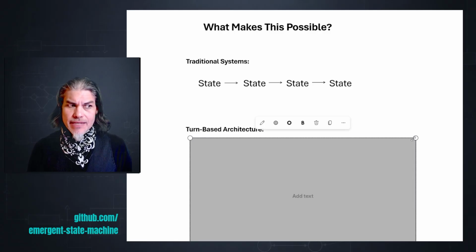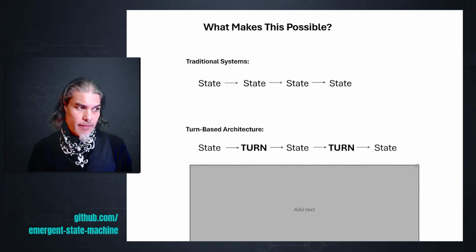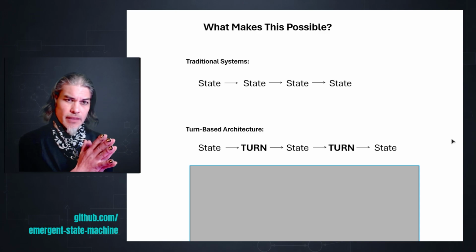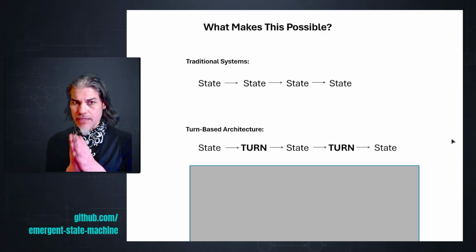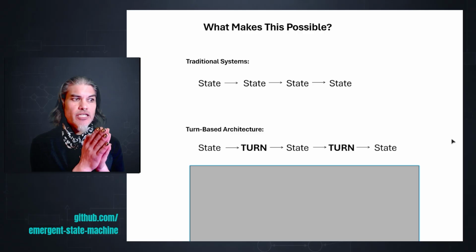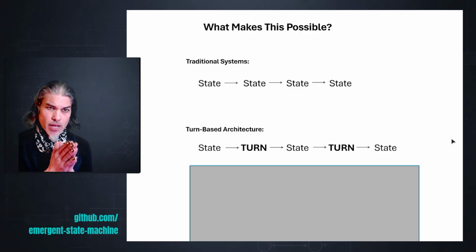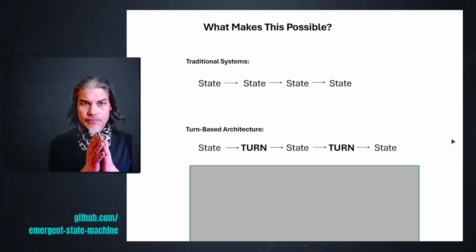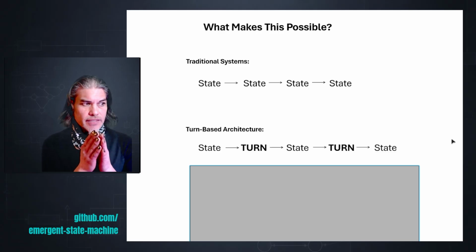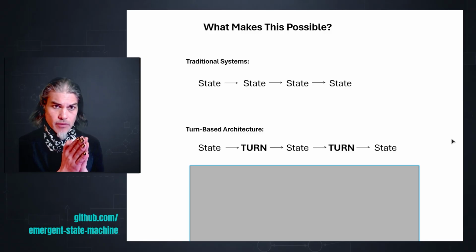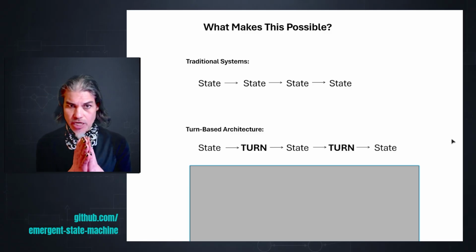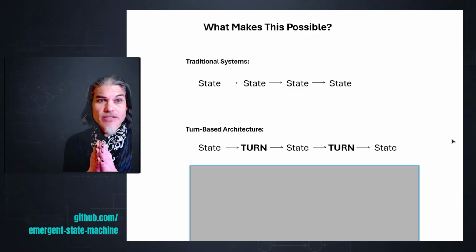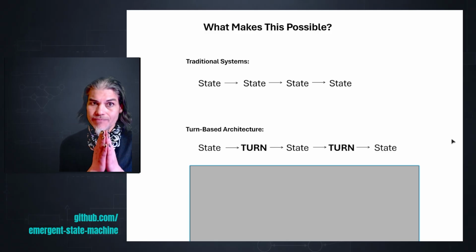An emergent state machine works a little differently. Instead of jumping directly from state to state to state, every change passes through something we call a turn. A turn is a structured record of the decision that caused the state to change.